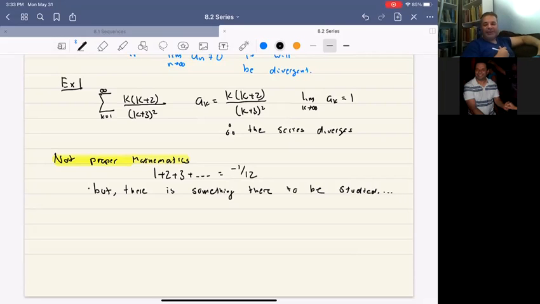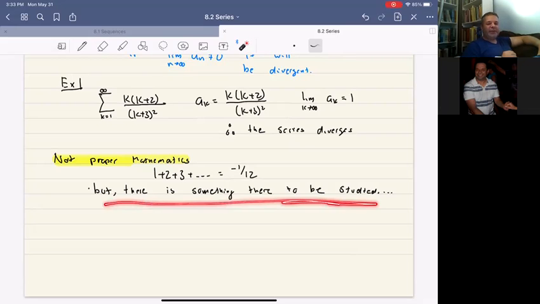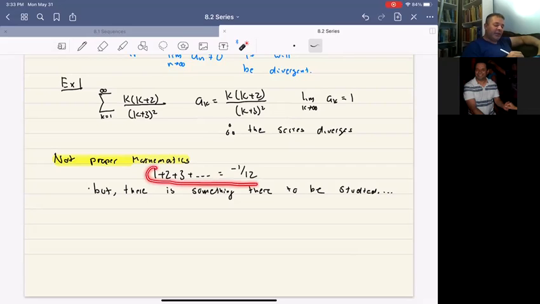Mysterious. But when you see this, just know I don't think that the people that normally talk about this know what they're talking about in the same way that they should. But there is something there. There are people that have given this summation this meaning, and it makes sense in that world. But that's more advanced math.